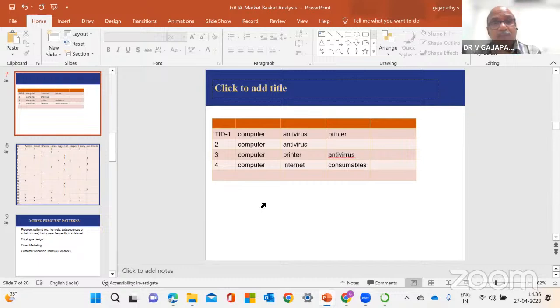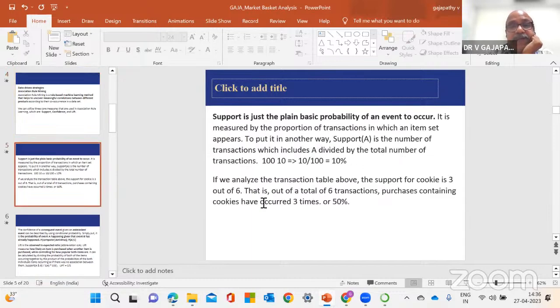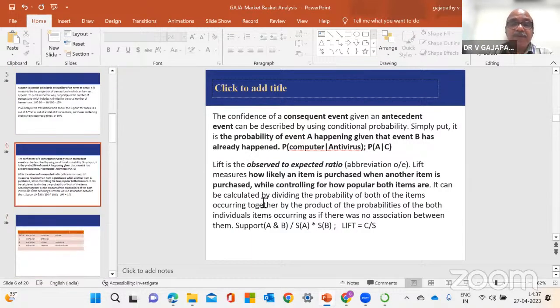Okay, therefore, I'm seeing the association. For that, I'm using the concepts of support, confidence, and lift. Now, again, I'm going back to the same thing. Say for example, the combined support for 2 products. I have taken only 2 products. It may be extended to 3, 4, like that.